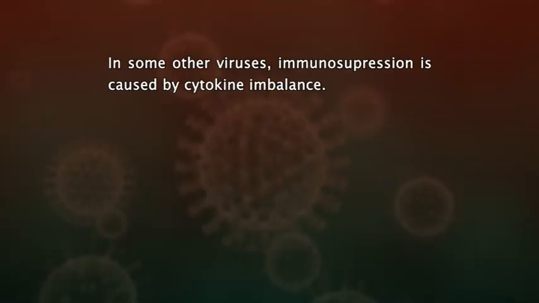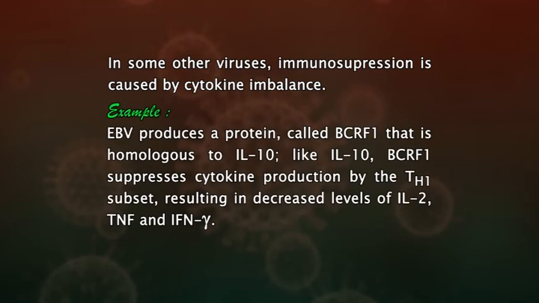In some other viruses, immunosuppression is caused by cytokine imbalance. For example, EBV produces a protein called BCRF1 that is homologous to interleukin 10. Like interleukin 10, BCRF1 suppresses cytokine production by the T helper 1 subset, resulting in decreased levels of interleukin 2, TNF and interferon gamma.